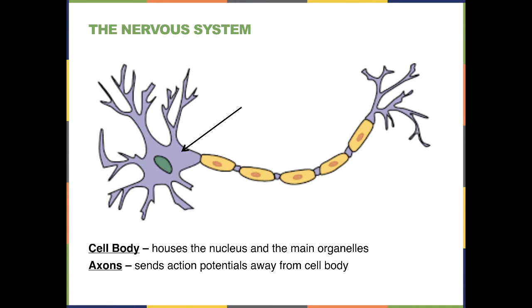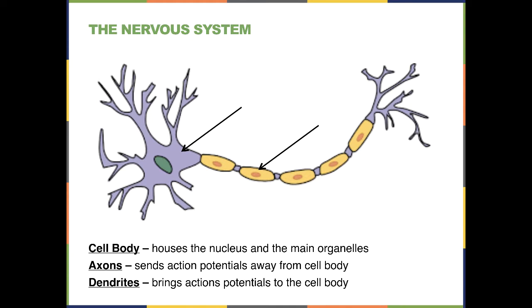The axon is responsible for sending action potentials away from, and the key word there is away from, the cell body. And this is part of the axon. But the axon extends from the cell body all the way to the presynaptic terminal. So I'm just pointing at one part of the axon.